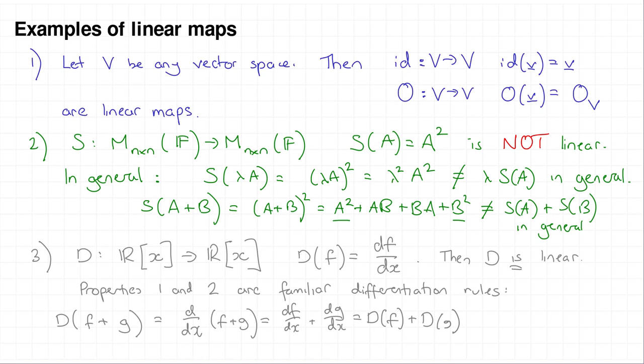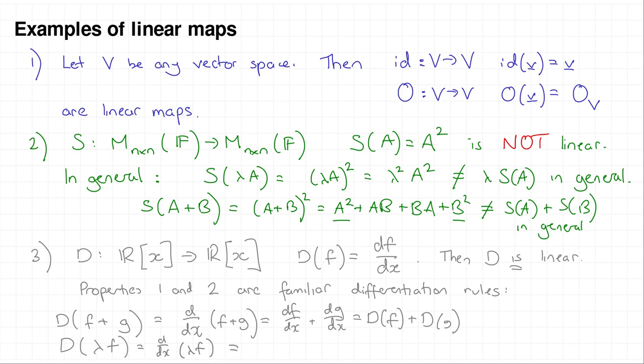So that means our differentiation map D on the set of all polynomials certainly obeys the second linearity condition, and it also obeys the first linearity condition, because if you look at D at a scalar multiple of f, well, that's d by dx of lambda f.